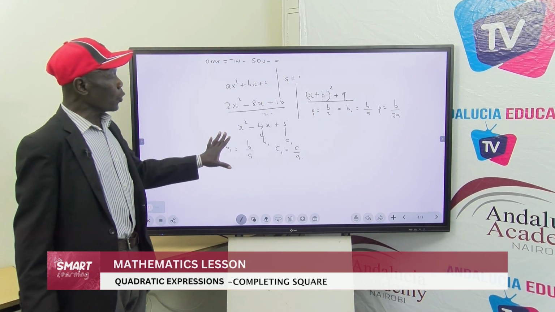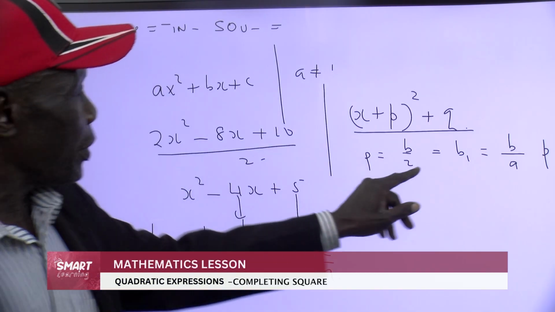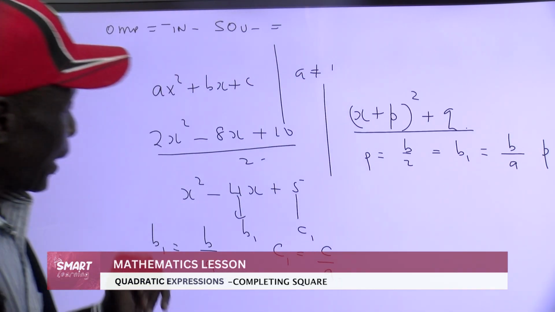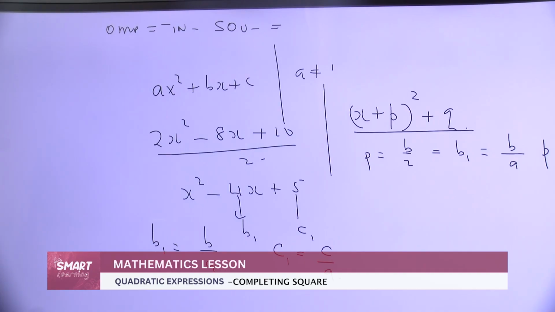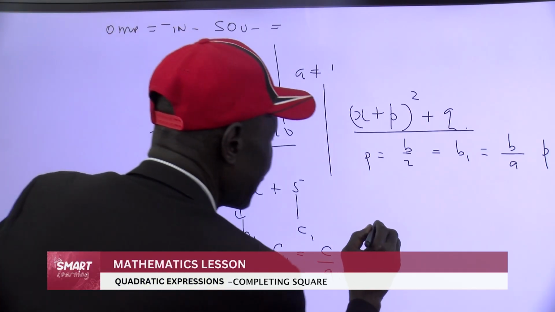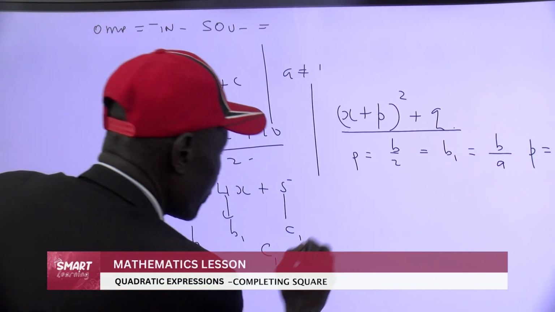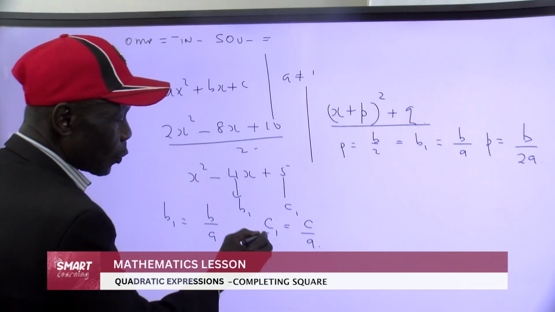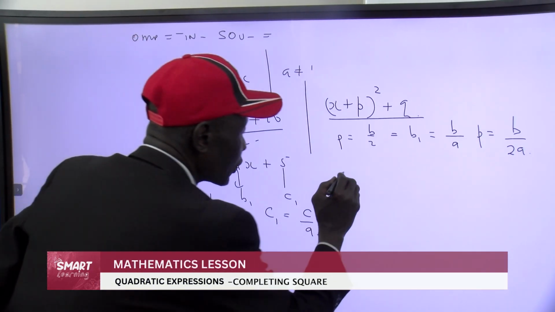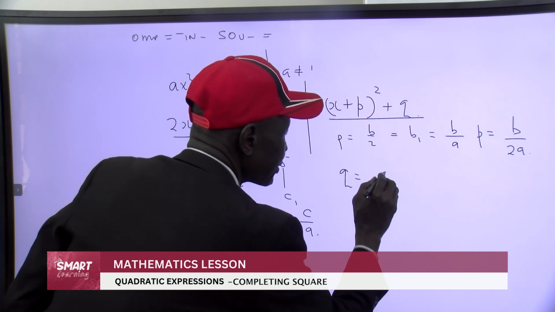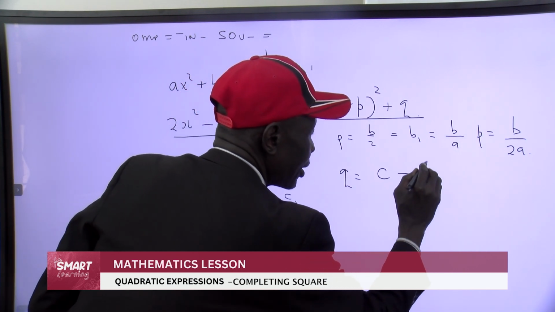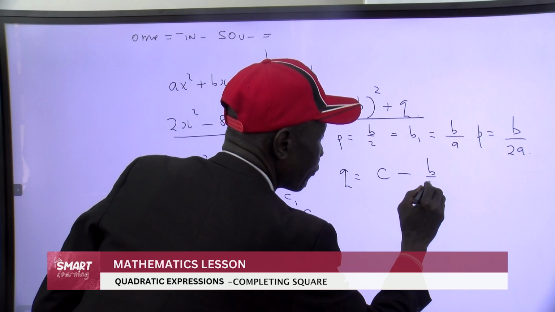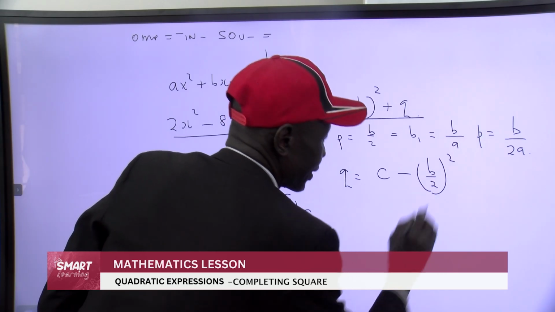So that is how you find your factor if A is not 1. The second thing we are going to do now is to get our C. Remember, our C1 is C over A. So to get our Q, we say it is C minus B over 2 squared.